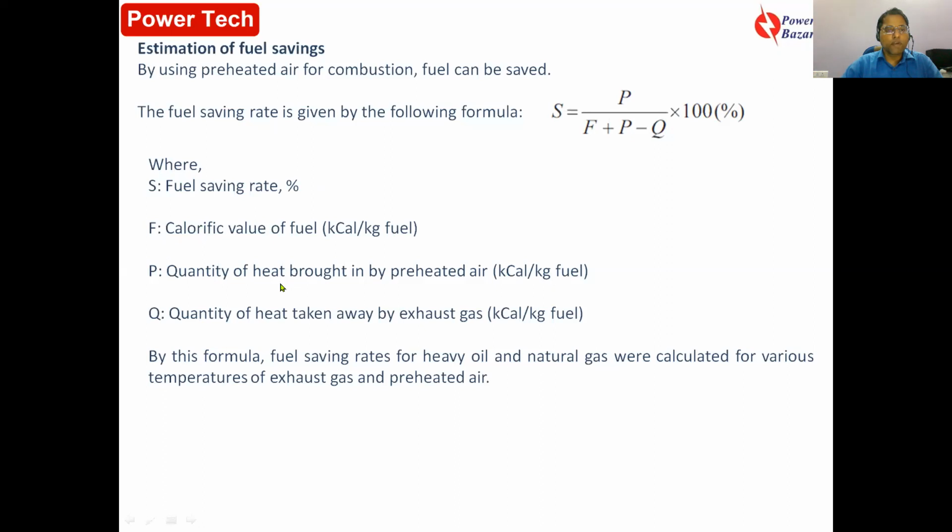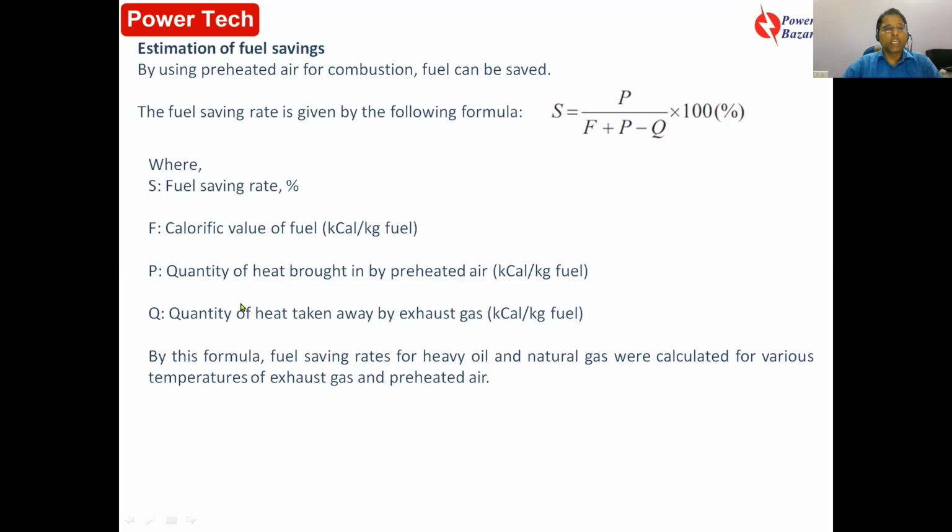What is the quantity of heat brought in by preheated air? This is basically m s dθ. So if you know the difference in temperature, the specific heat of the air and the mass of the air, then you can calculate the quantity of heat taken by the preheated air.